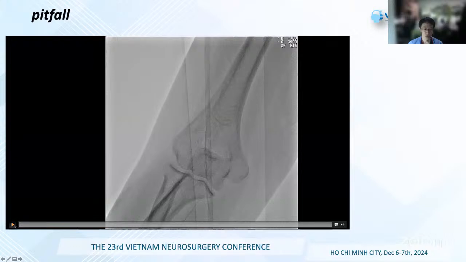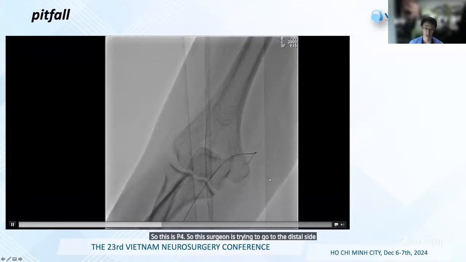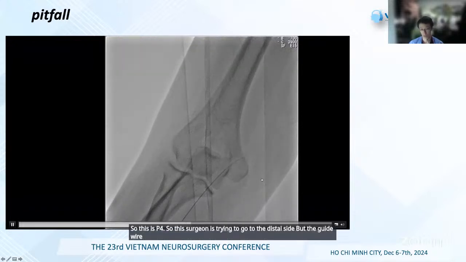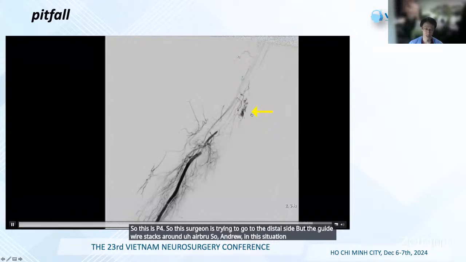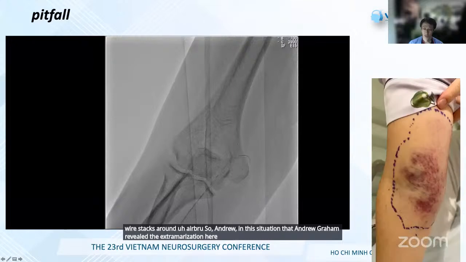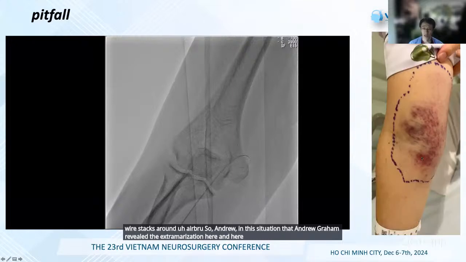So this is a pitfall. This surgeon is trying to go to the distal side, but the guide wire gets stuck around the elbow. In this situation, the angiogram revealed extravasation here, so it causes a big subcutaneous hematoma.